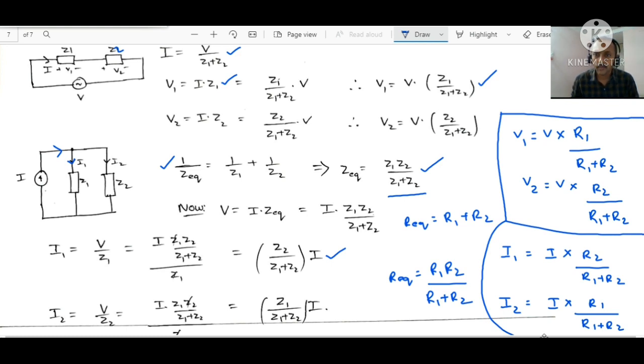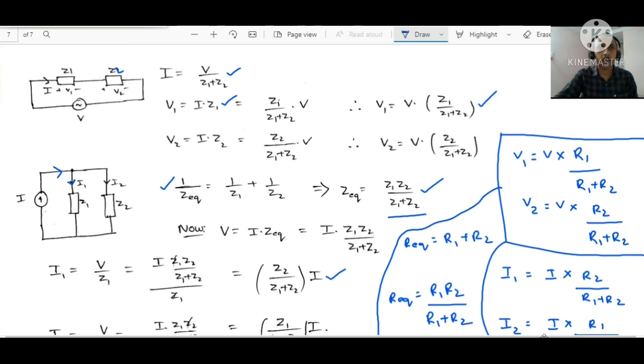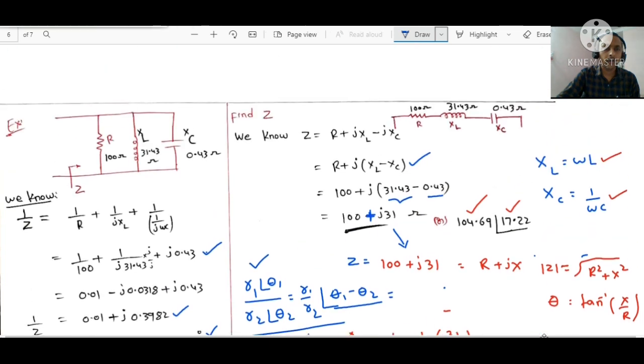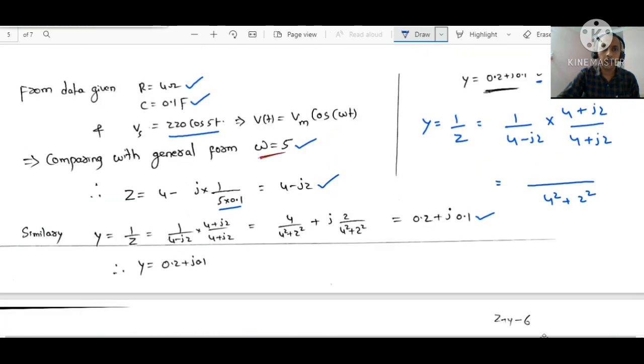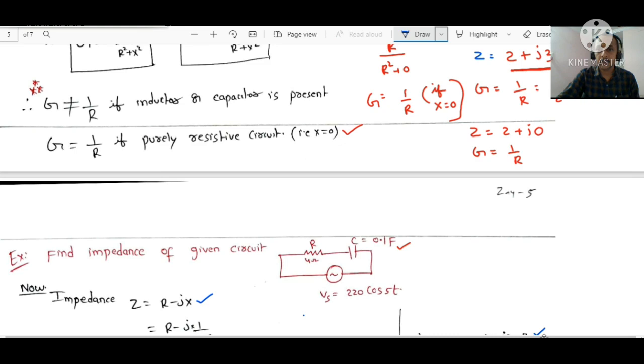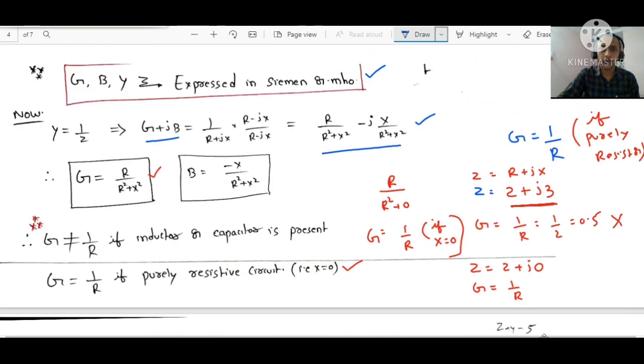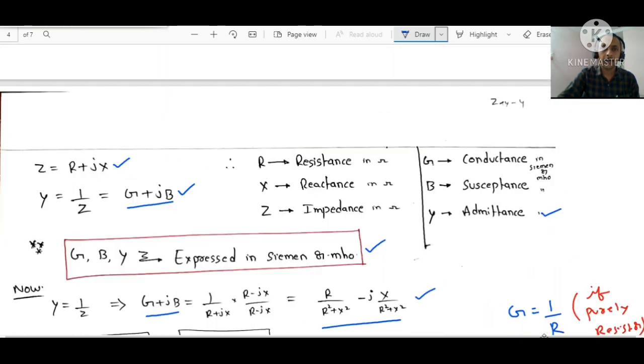Clear? These are all the basics we have discussed with respect to the resistor. The same things will be applicable for impedance. So this is all about the concept of impedance and admittance. You should be in a position to find the impedances and admittances for a given circuit. Keep in mind, out of the entire discussion, R is the resistance, X is the reactance, Z is the impedance, G is the conductance, B is the susceptance, Y is the admittance.